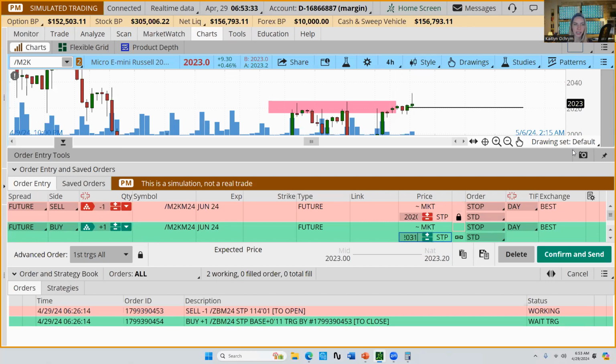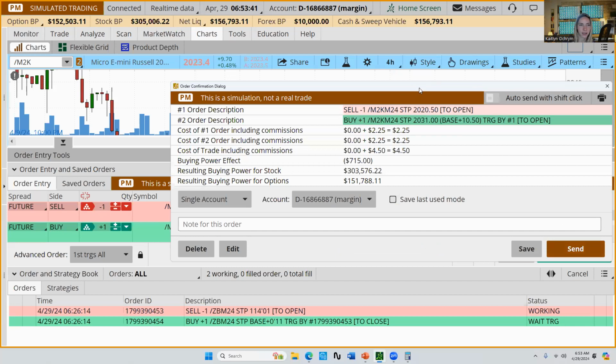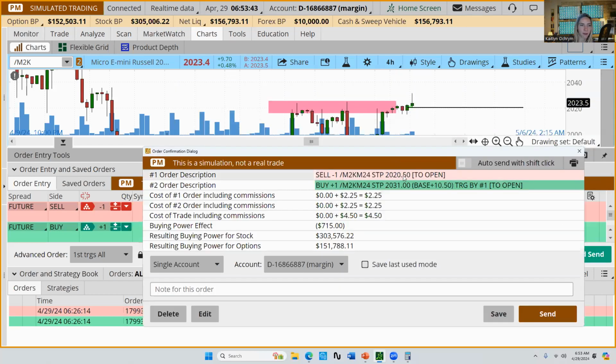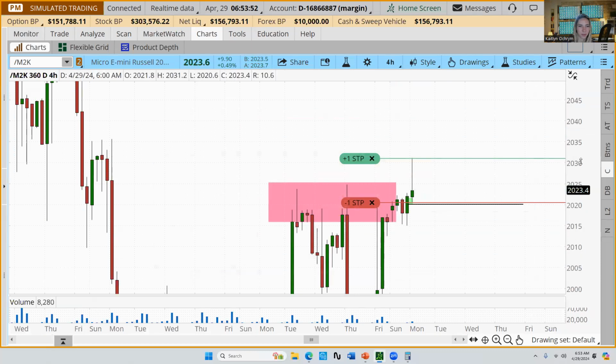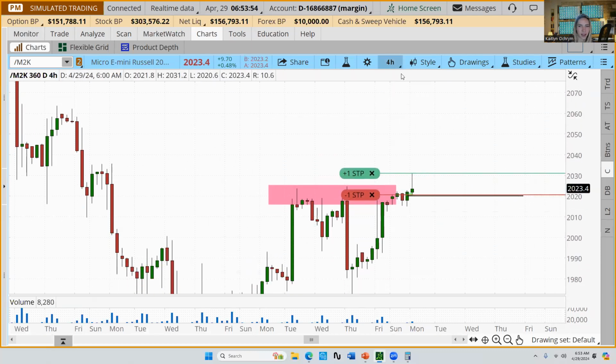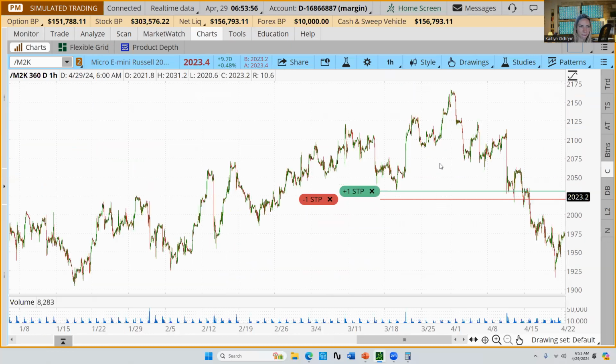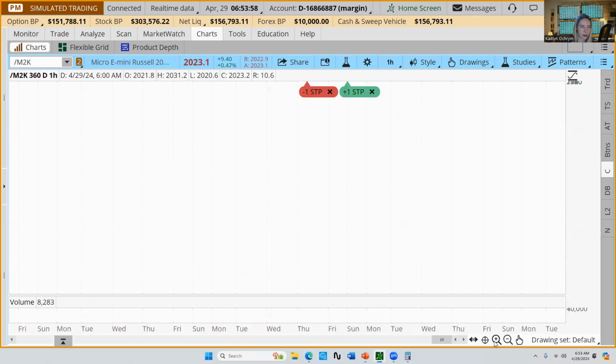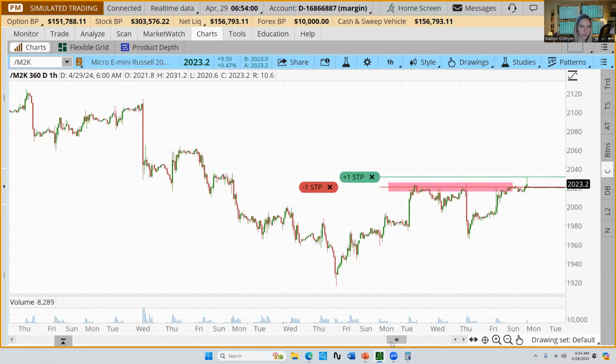And then I'll move my stop down once we get into the trade based on the previous 2-candle flip on a smaller time frame. So sell stop 2020.5 for a reversal back down. Buy stop using this wick up here, 2031. And then that's it. Nothing else to do on the Russell.